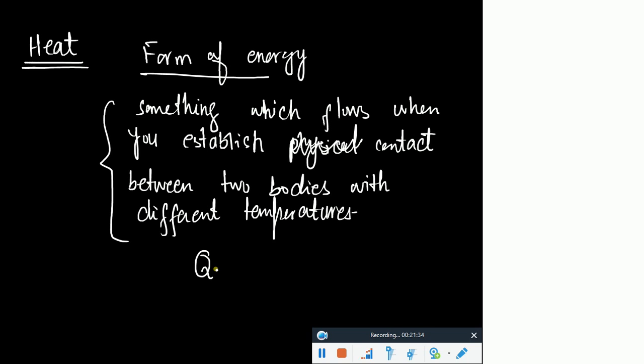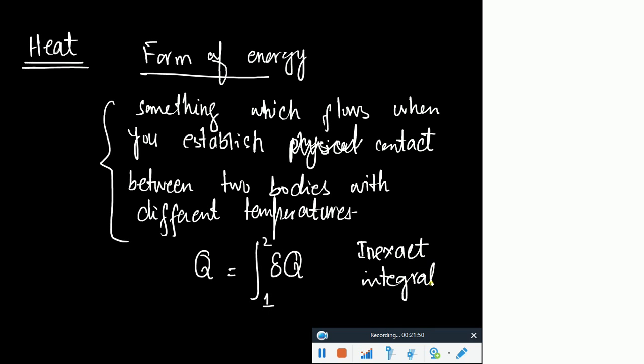symbol Q, and you would take what kind of integral? An inexact integral, and you would represent it like this. You represent heat like this. I hope you understand the application of that inexact integral.